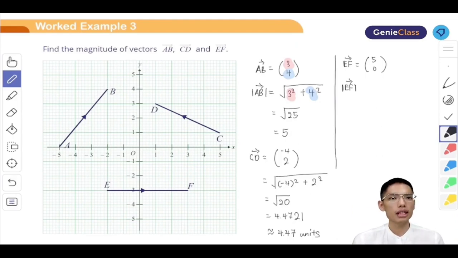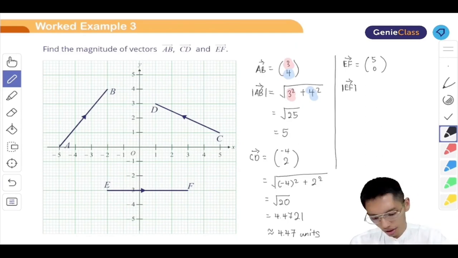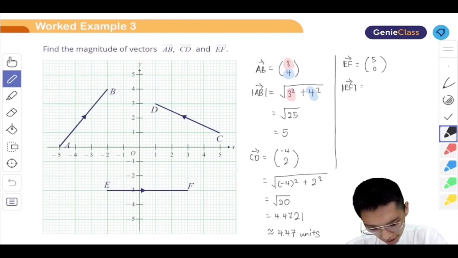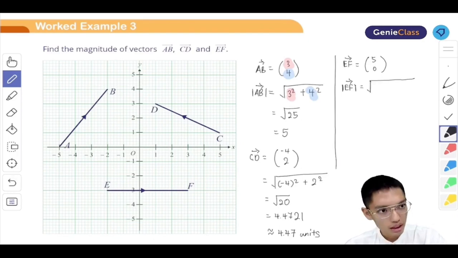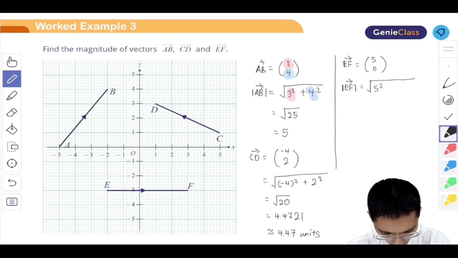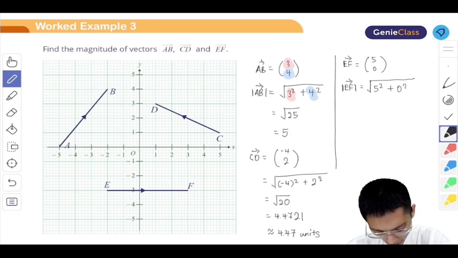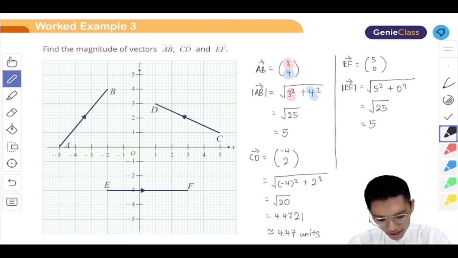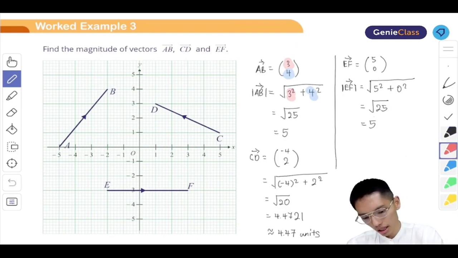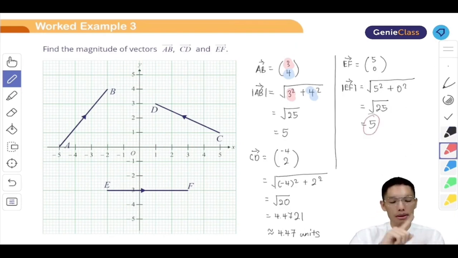I'll give you all some time. Alright, very good. Even if I use Pythagoras, it's going to be 5 squared plus 0 squared, which is the square root of 25, which gives me 5. Essentially, without the vertical component, I'm just looking at the horizontal 5.